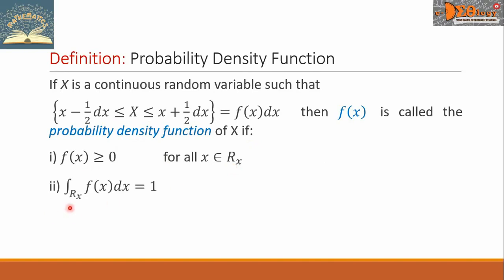Second, the integral of f of x dx with the limits of real numbers equals 1.